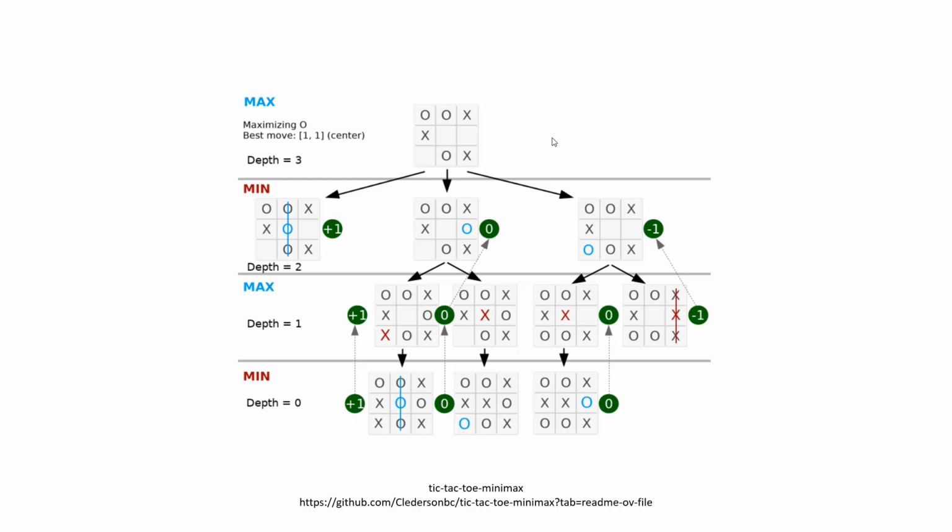If we look at our example again, we're going to play the robot first, and then we're going to call the MiniMax algorithm with all the possible moves that we can do for the robot. And then we're going to check for a win if the robot wins, or if the player wins, or there was a draw.